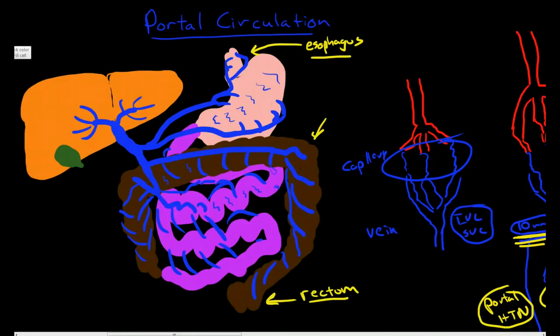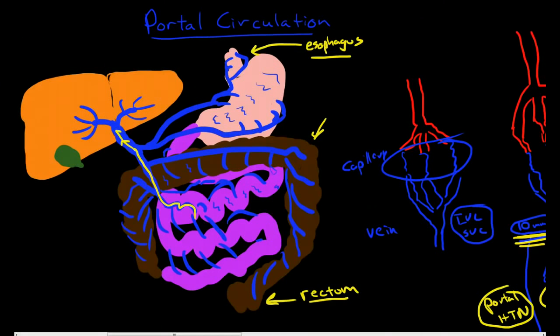And in these veins, say we're draining from the small bowel, we join the superior mesenteric vein, and the superior mesenteric vein joins up with the splenic vein and inferior mesenteric vein, and creates the portal vein.